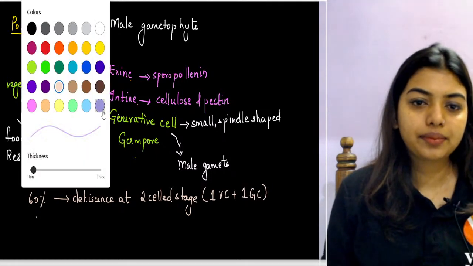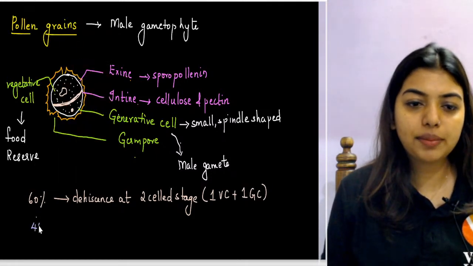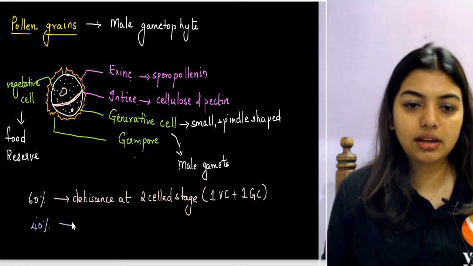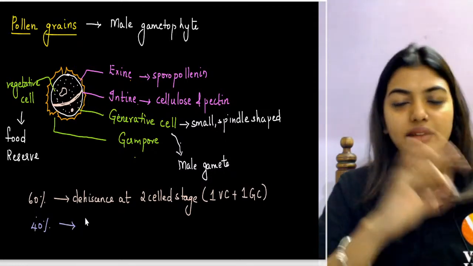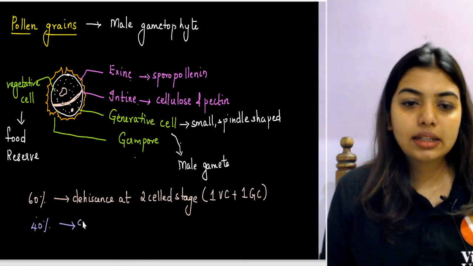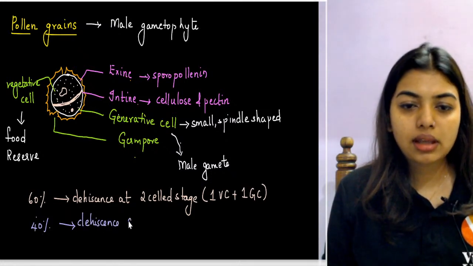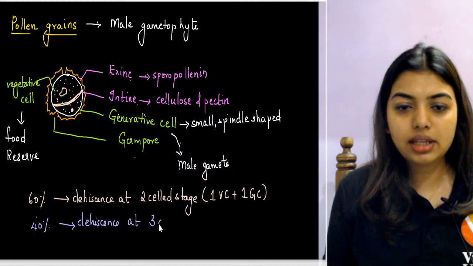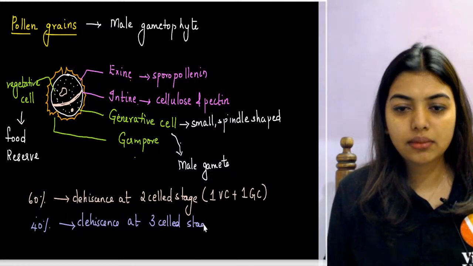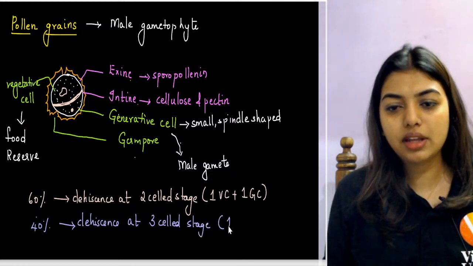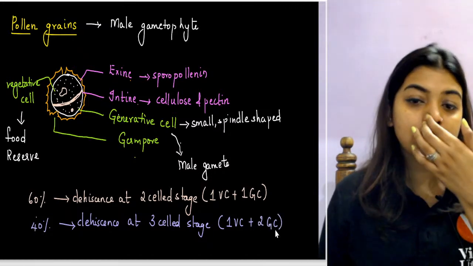The rest, 40%, this is an approximate value that we tell. They dehisce at the three-cell stage, that is, one vegetative cell plus two generative cells. So 40% will dehisce at the three-cell stage.